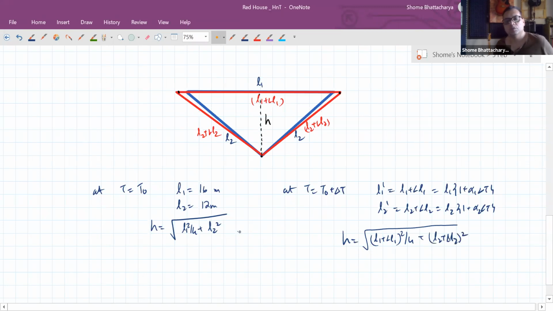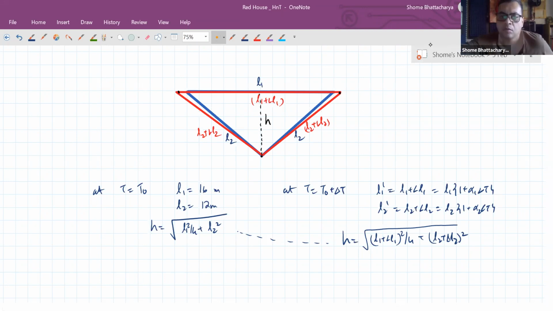So we should be able to connect these two and from that find a relation between alpha 1 and alpha 2. Oh, sorry, my mistake. Yeah, it's the hypotenuse.